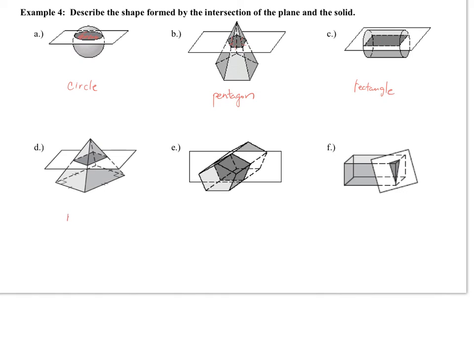And this would also be a rectangle. So we're just using the base to help you. And this would be a pentagon. And the last one would be a triangle. And I could expand this section by asking you to find a missing side or even area.